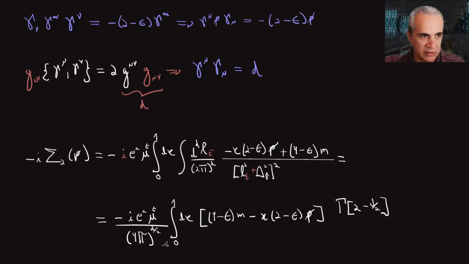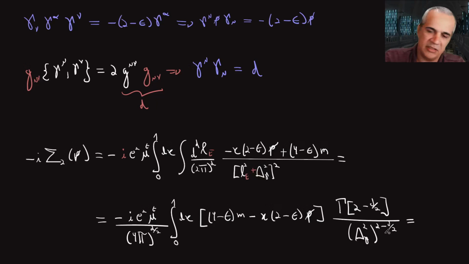Another piece is already out here. And of course you have this delta, gamma square to the power 2 minus d over 2. Again, I won't repeat that here.